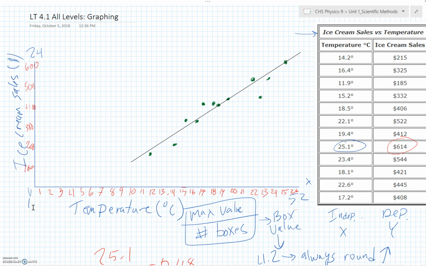I'm back. There's one thing we forgot to do, and that was give us a title on our graph. If you don't have your title, you won't get full points for the basic level. So you can come up with a creative or not very creative title. This one we could maybe say ice cream sales versus temperature. So I'm just going to, yeah.